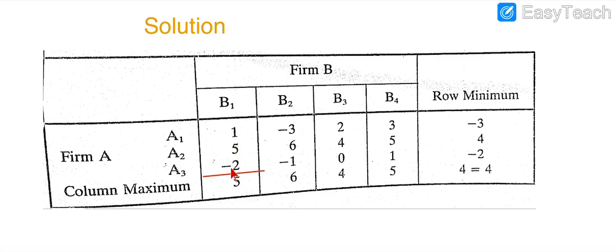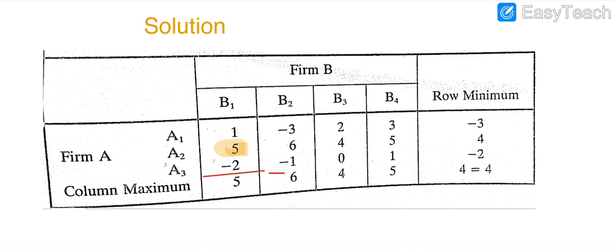What is the maximum value? 1, 5 and minus 2. Which is the biggest value among these three? The biggest value is 5. So you take 5. Clear? From column wise, you have to take the maximum value. From this column, you take the maximum value, that is 5.